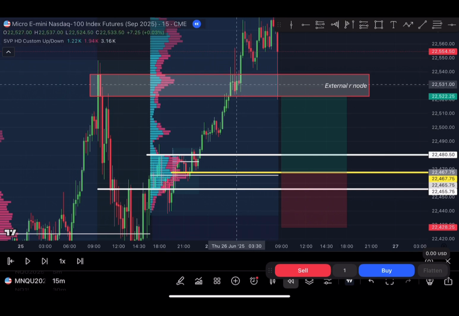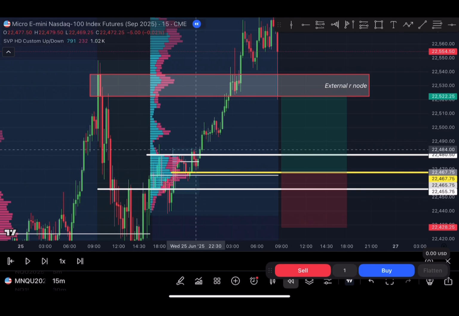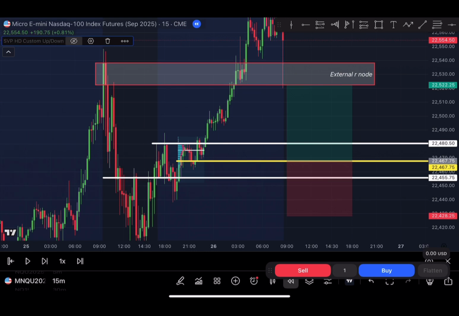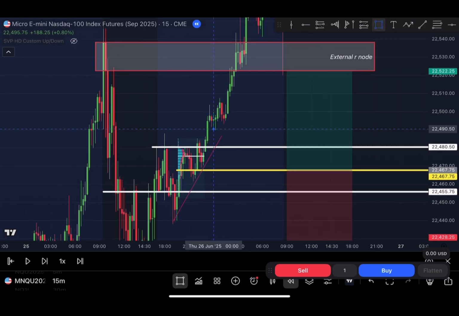If we look here, there's nothing there, there's nothing there. But if we go in the profile, we can then see a startup of what seems to be B-shaped nodes. So we have here and we have here. This one looks to be weaker, and then we have here.